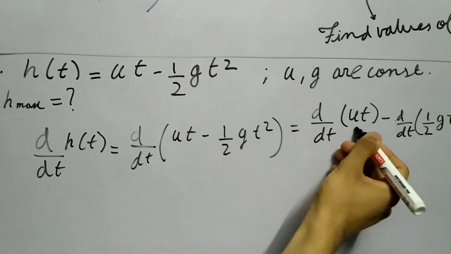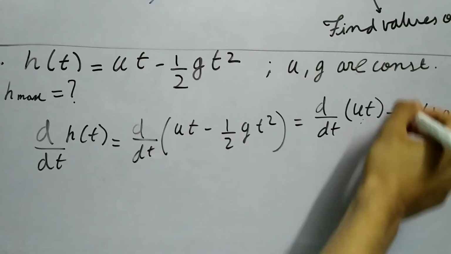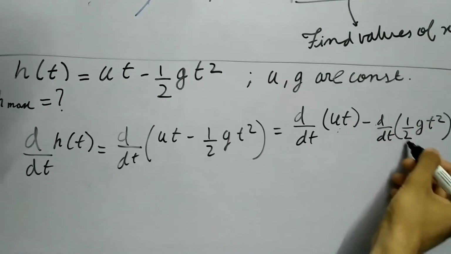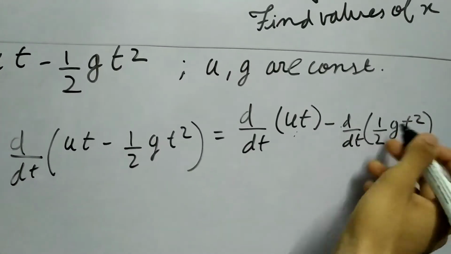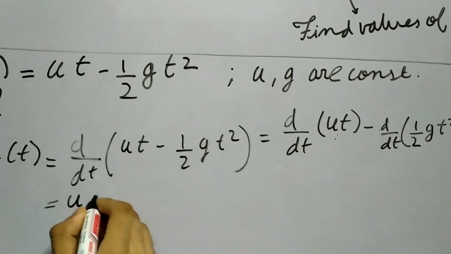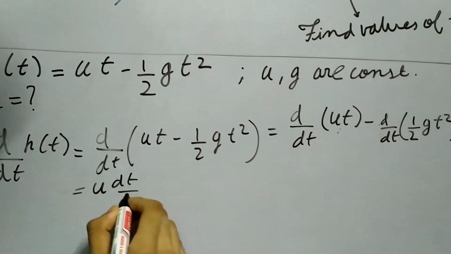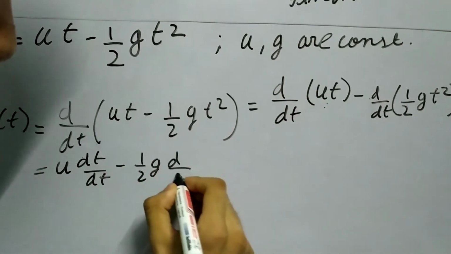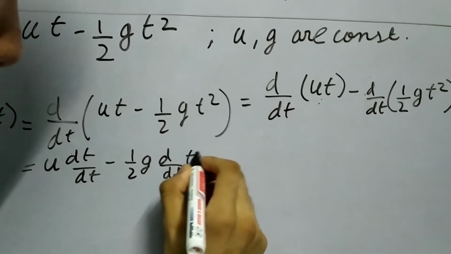So if u is a constant, you can pull this u out of the differentiation. Similarly, you can do it with half g, 1 by 2 g. You can pull this out of your differentiation, and you are left with u d by dt of t, minus 1 by 2 g d by dt of t square.